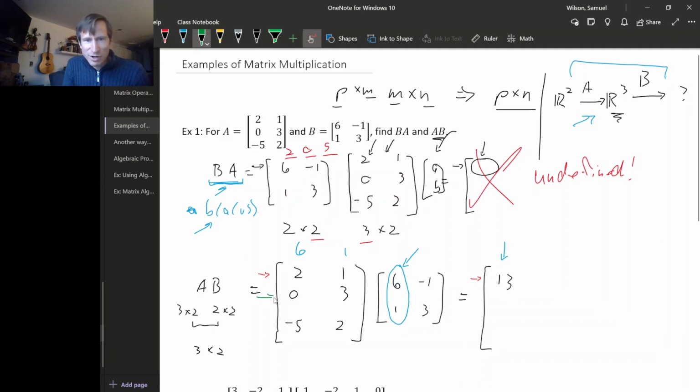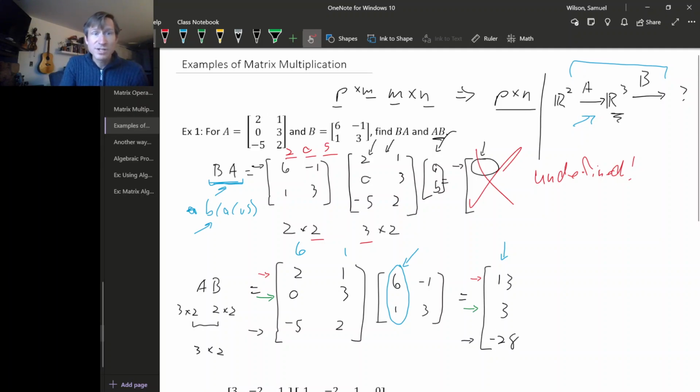The second row here will give us the second entry there. We're still using this same first column, though, because we're still in the first column of the product. So 6 times 0 plus 1 times 3, that's 3. And then the last row gives us the last entry. 6 times minus 5, minus 30, plus 2, negative 28.